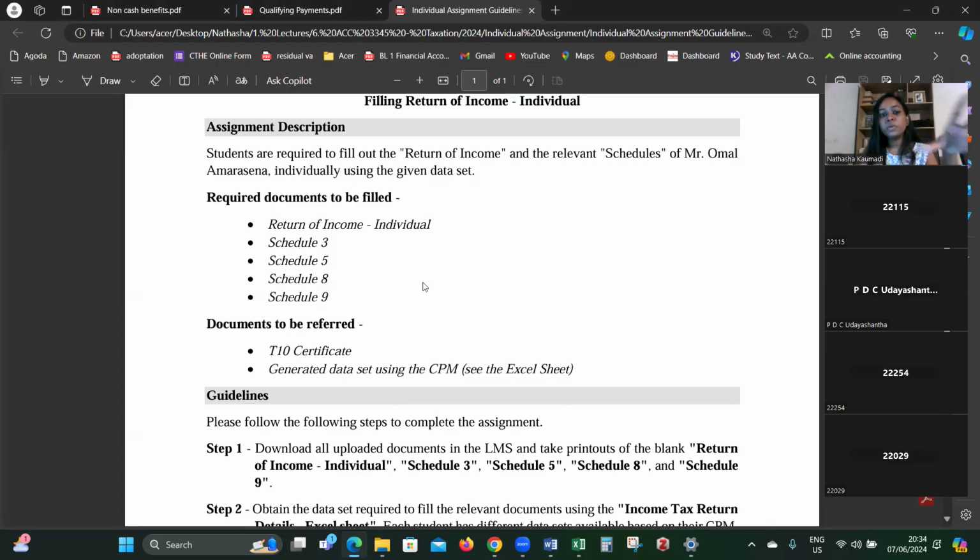Now you have to download all these documents and go through them. But to calculate the income tax, when you are filling the income tax return, you need to calculate it and fill it. We have given the details of how to calculate this income tax. Not as complex a question as we did now, but the relevant details are given.